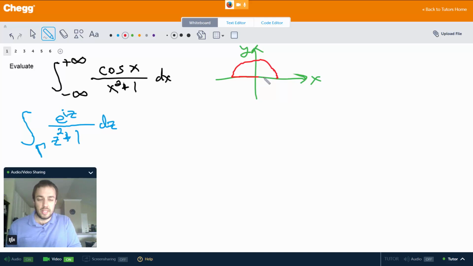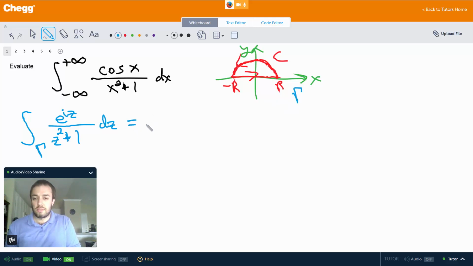We'll call this point capital R and this one negative capital R, and we orient it counterclockwise, as we typically do. The curvy part up here I'm going to call C, the actual arc, and the entire thing altogether is gamma.